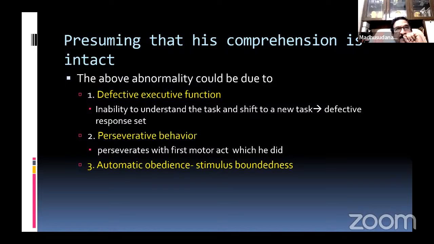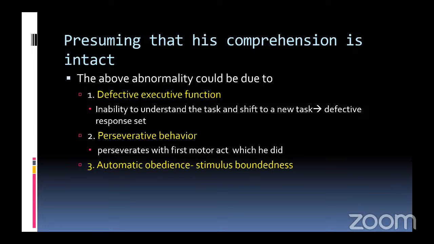But here attention is not totally lost because he is doing something. See, he was taught that you have to do like this, but he's trying to tap that thing. That means some attention is retained, but he's perseverating with one particular task alone. In the subsequent video also, attention is relatively okay. It's not perfectly okay, but relatively okay. But that is enough to test some other mental functions.